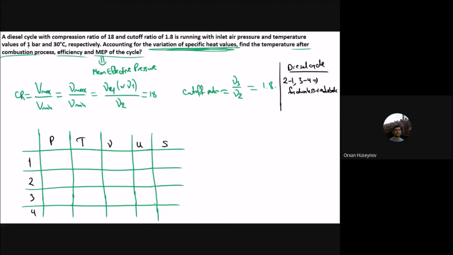You know the pressure, which is 1 bar, and the temperature, which is 30 degrees Celsius. Therefore, the pressure here will be 10 to the 5 Pascal, and the temperature is 30 degrees Celsius. We also know the ratios of nu4 to nu2 and the cutoff ratio. And if you remember Gibbs phase rule, you have to know 2 independent intensive properties.